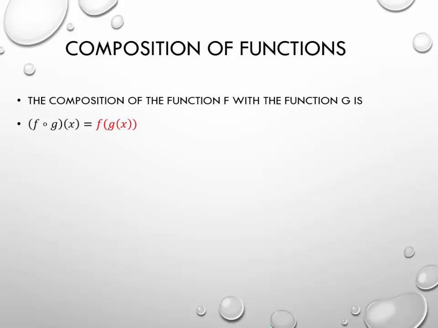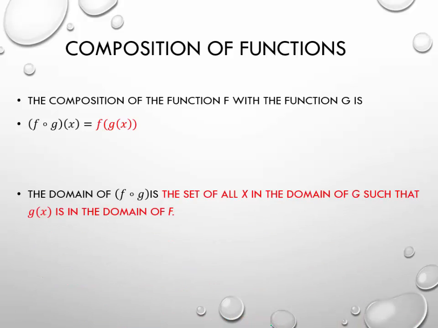So we're going to state that whatever g of x is, we're going to plug it in for the x of f. We'll look at an example in a moment. But we take the entire expression and plug it in for x of the other expression.